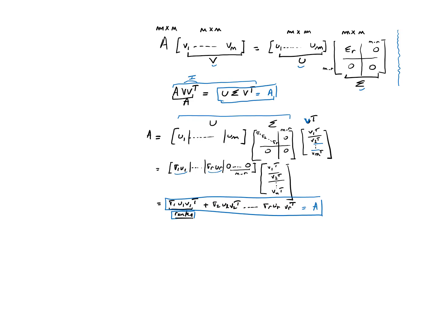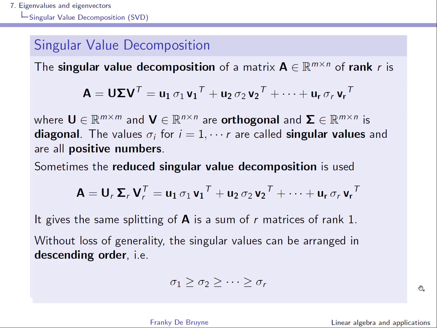You remember that a rank 1 matrix can always be written as u v transpose, so a column vector times a row vector. So we have decomposed here A in a sum of r rank 1 matrices, where r is the rank of the matrix.